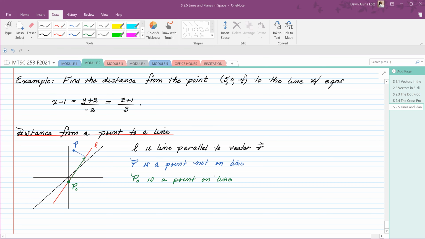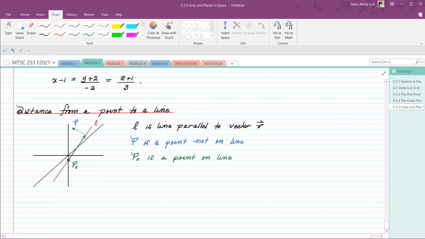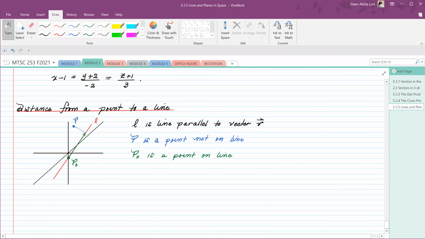Okay, so now you can see that I can create another vector called P naught P.